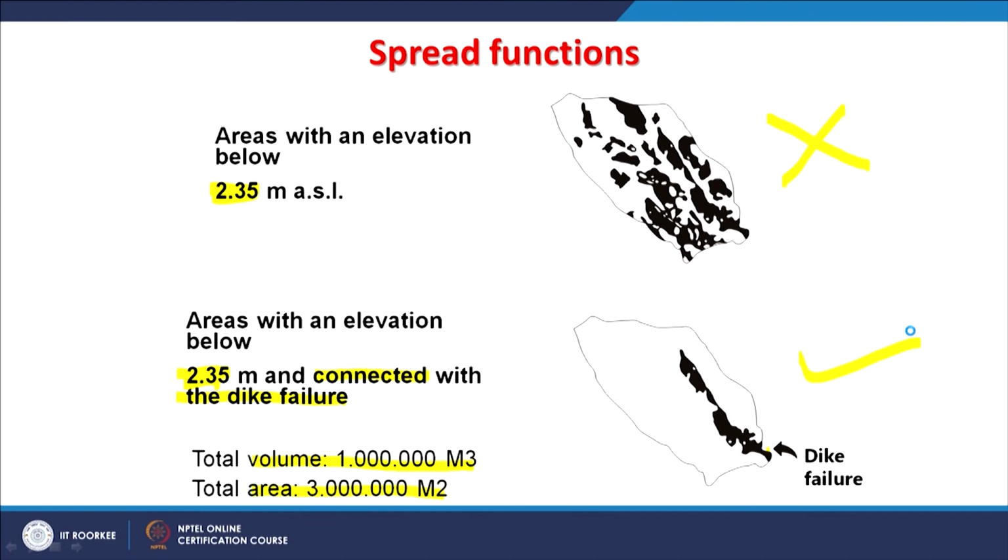Because you have given some very realistic scenario, say to your higher ups, you say, sir, this is the best scenario which I am going to present to you, that only these areas will get inundated. This does not mean that any area which is lower than this area will get inundated, because it is not connected. So, your higher ups would be very happy that yes, you have presented a very good realistic scenario.